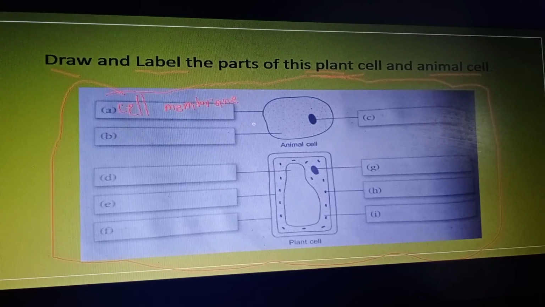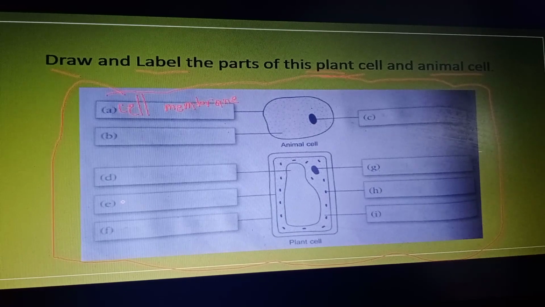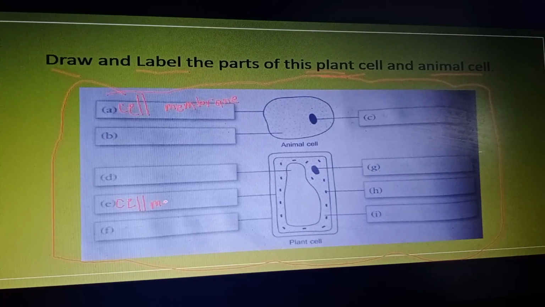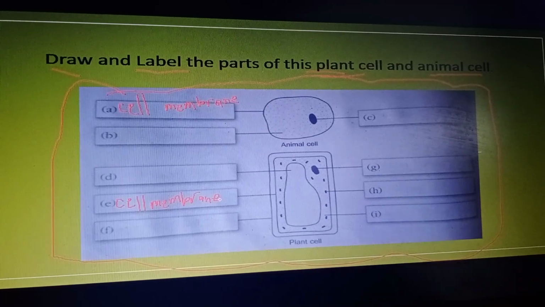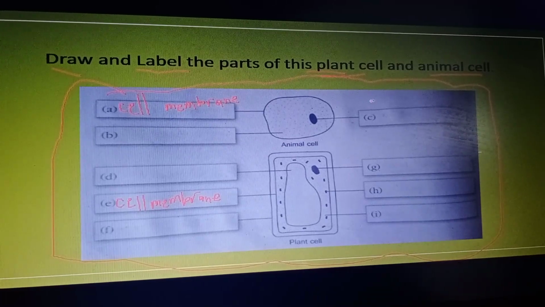So the same as in your animal cell, you can also find the cell membrane in your plant cell. So I'm going to identify the cell membrane here as well. It's a bonus already to you. It's quite difficult to use this cursor in writing. I can barely write it properly. Okay, this is the cell membrane. So that's what you are going to do as your activity.